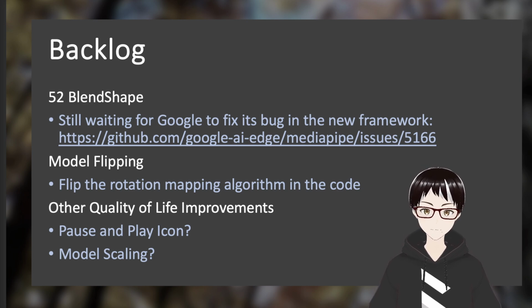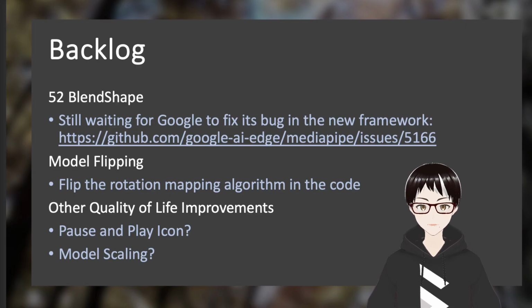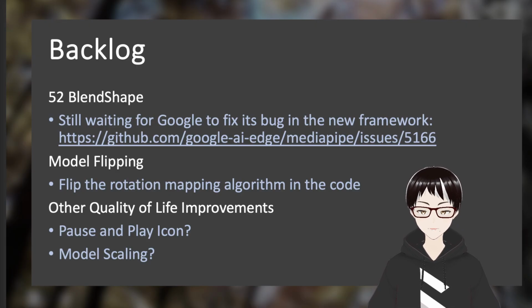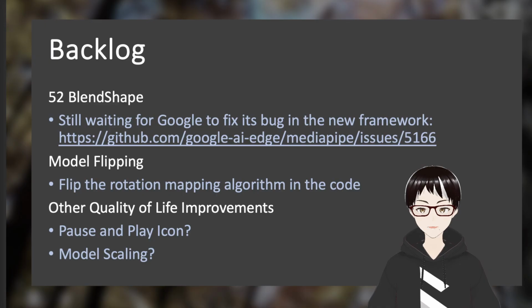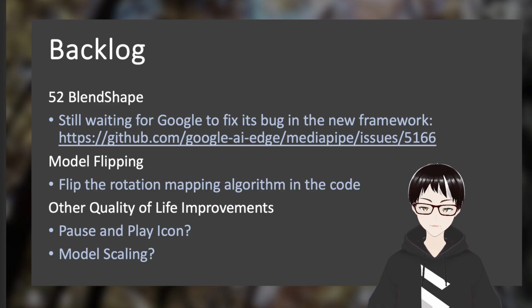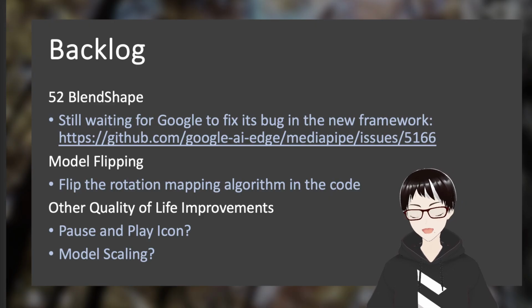So Google really needs to fix this bug. We're still following up on their MediaPipe issue page. Yeah, waiting for 2 years, still waiting for them. One of the reasons why we slowed our development progress down is because Google just won't fix their thing. Right.